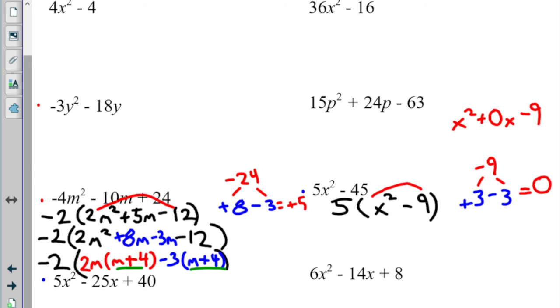And now we're going to follow all the same steps that we followed before. Don't forget the 5. Don't lose it. x squared is still x squared. Minus 9 is still minus 9. But then instead of my middle term, and I'm going to go a bit quicker after this step, instead of this middle term of 0x, we're going to write it as plus 3x minus 3x.